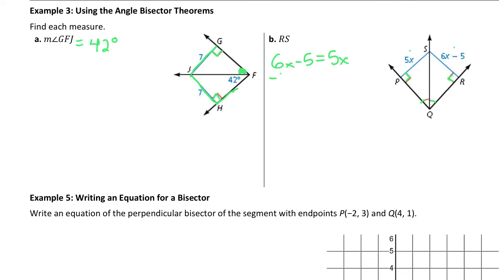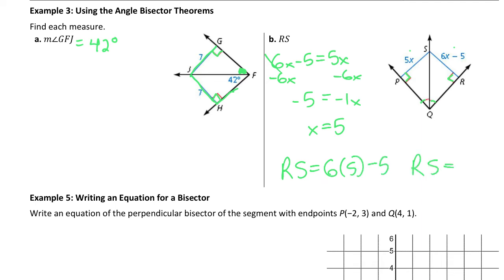The way I would solve this, I would subtract 6x from both sides. Negative 5 equals negative 1x. X is positive 5. So RS, I would substitute 5 into that expression. RS, 30 minus 5 is 25.